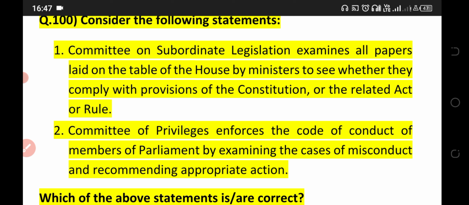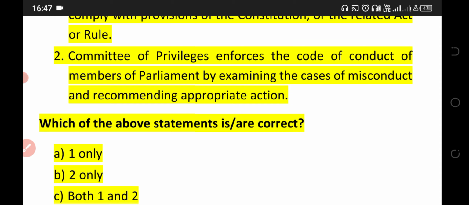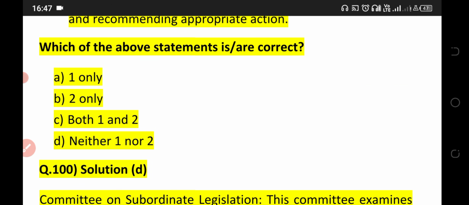The Committee of Privileges enforces the code of conduct of the members of Parliament by examining cases of misconduct and recommending appropriate action. Which of the above is correct? So D.